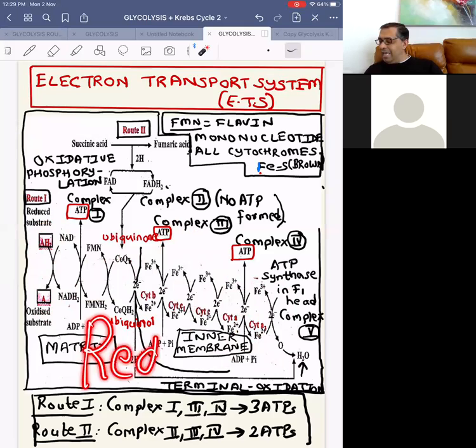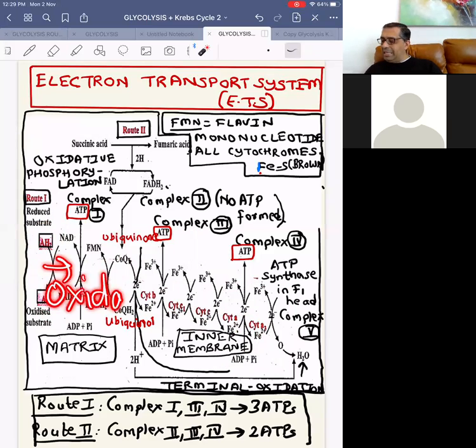इसे क्या कहते हैं? Redox reaction. So this is a redox reaction in which there is oxidation, and simultaneously by accepting hydrogen there is reduction.